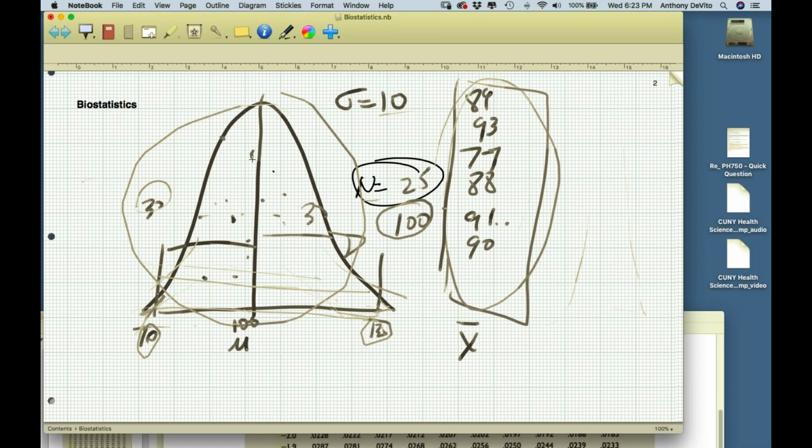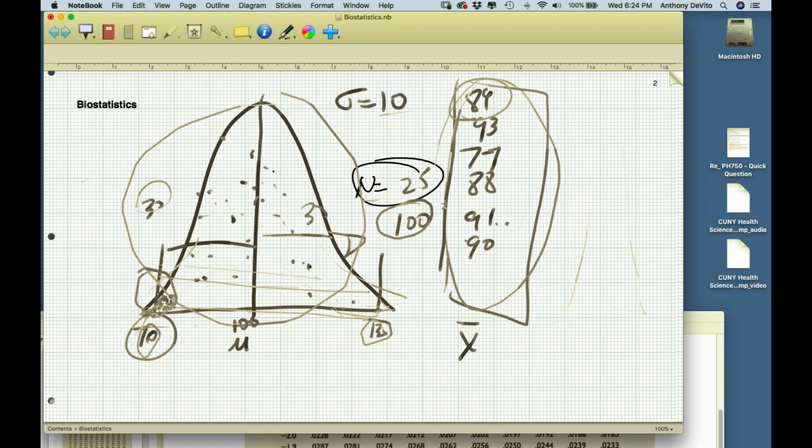But if you randomly sample people in here, the only way you're going to get a number as low as 70 is if you happen to get 25 people that are all the way down here. That's very unlikely in a random sample, right? In a random sample, you're going to get some below, some above, so that the number that you wind up with is going to be closer to the mean than these individual values.